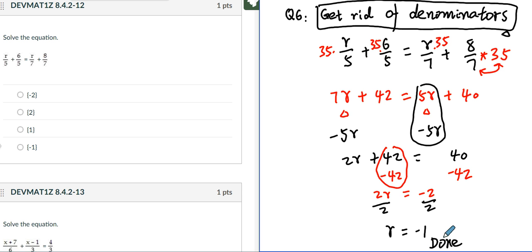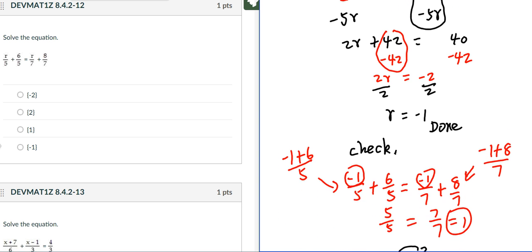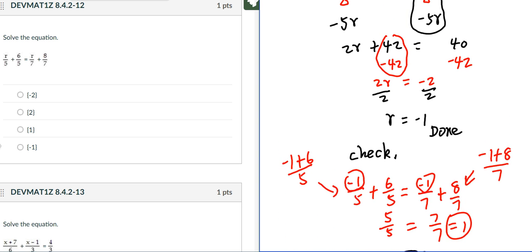Actually, we are done here, but you may check if you did it right. Since we have a solution r is negative 1, we may plug it back in here. Replace this r on the 5 side with negative 1.